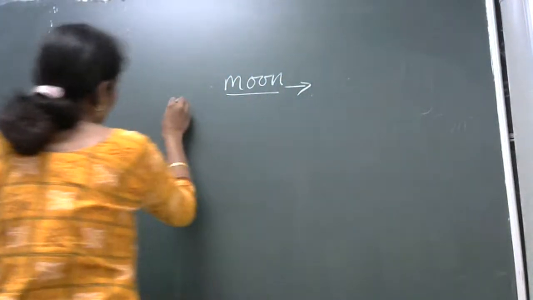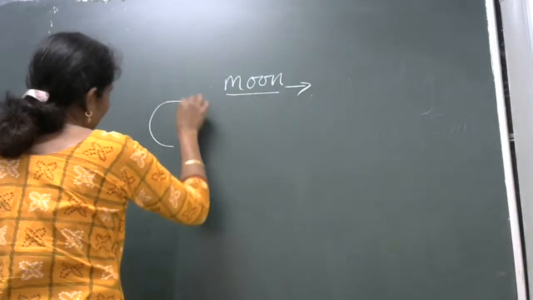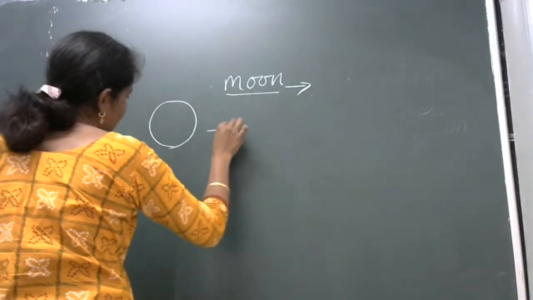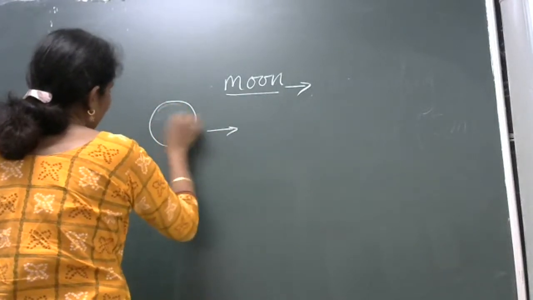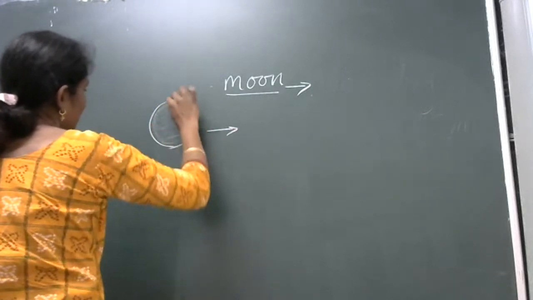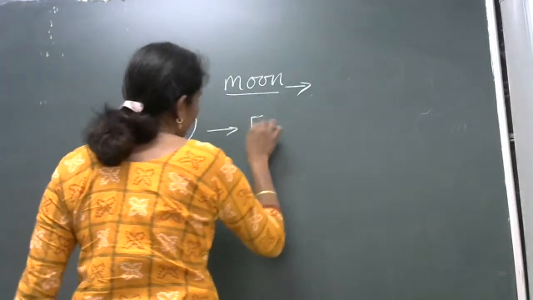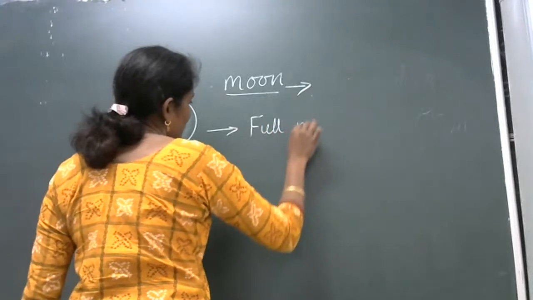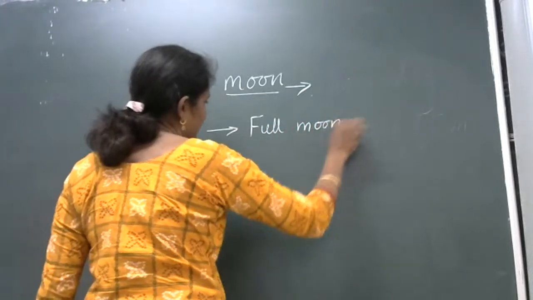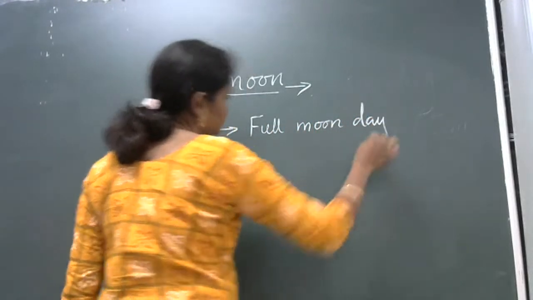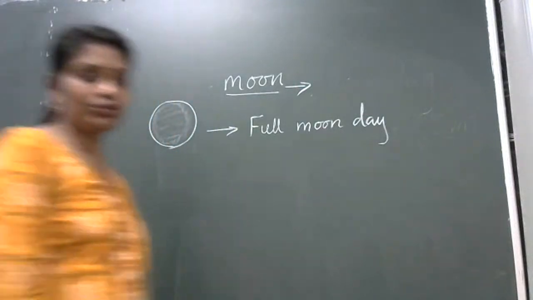तो जिस दिन हमें पूरा मून दिखेगा, this day when it is visible is called as full moon day. It is also called as Purnima.